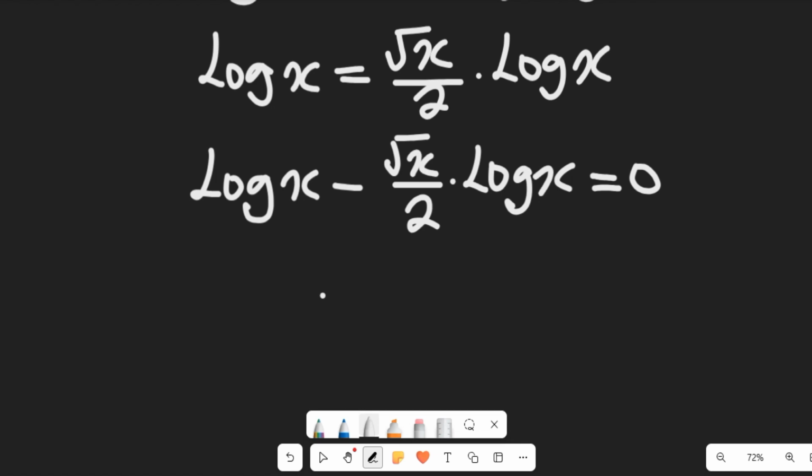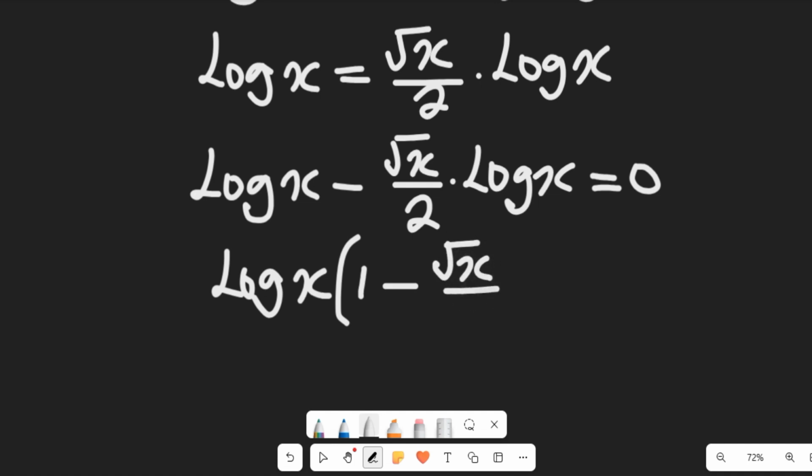Great. Now, if we have two common terms, I can simply bring out the log of x, right? If I bring out the log of x, I'll have this become 1 subtracting the square root of x divided by 2, and all of these will be equal to 0.